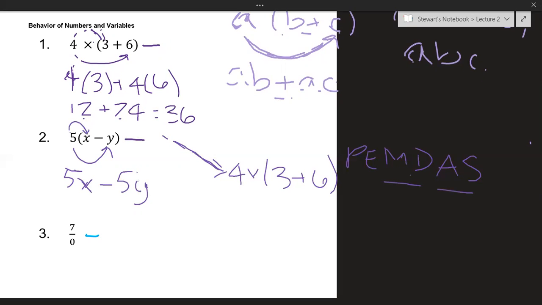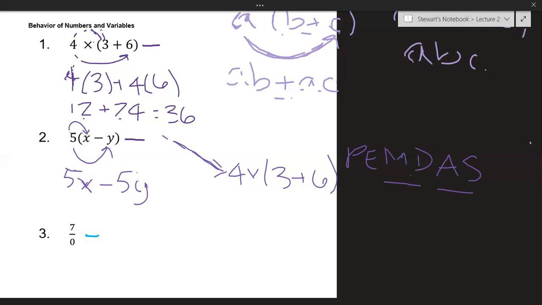So you can deal with those in order if there's multiple instances of them in a given problem. For this case, we just have one instance of addition and one instance of multiplication. We also have parentheses, and parentheses always come first. So we have to deal with what's in parentheses before we do anything else.